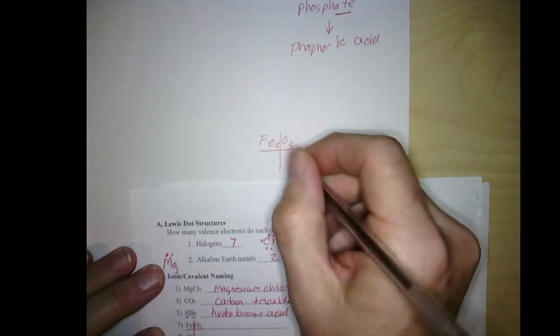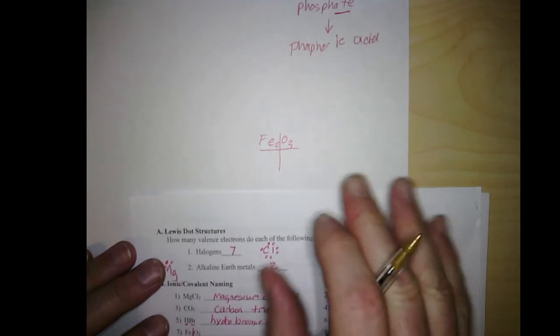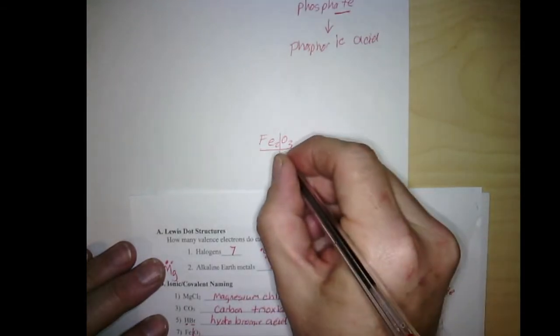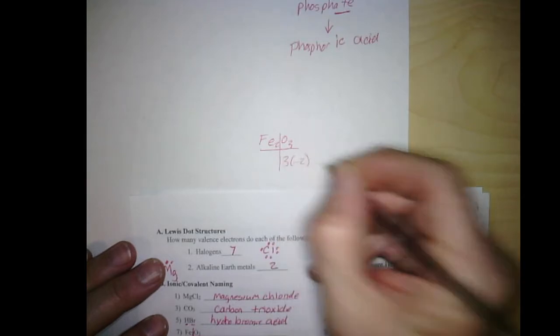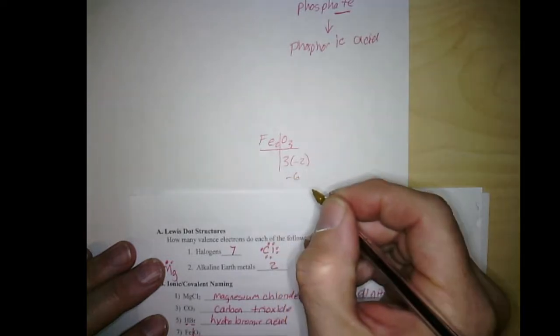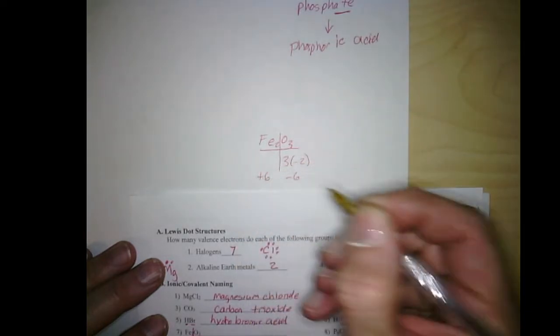Remember here. And yes, I know some of y'all learned the reverse crisscross, and yes, that works quite a bit of the time, and sometimes it doesn't. So I have 3 oxygens. Each one has a -2 charge. So my total charge on the anion side is -6. That means on the cation side it has to be +6.